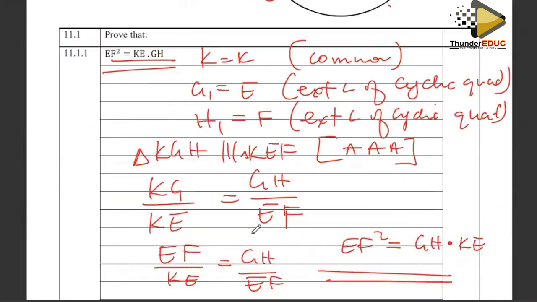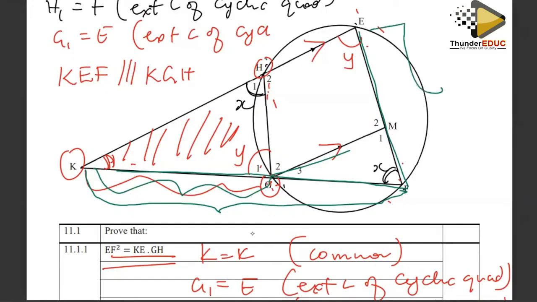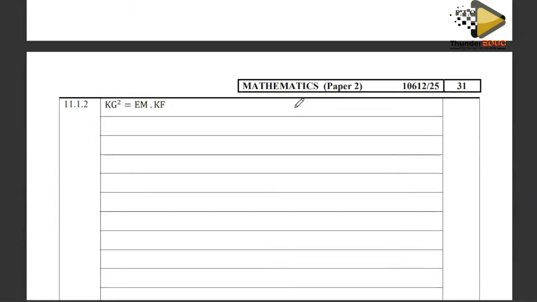So what I'm going to do, I'm going to look at the side, and I'll say that if I get the whole of KF over the KG, should be the same as EF over EM, something like that. Okay, so I'm going to say KF over KG is equal to EF over EM.